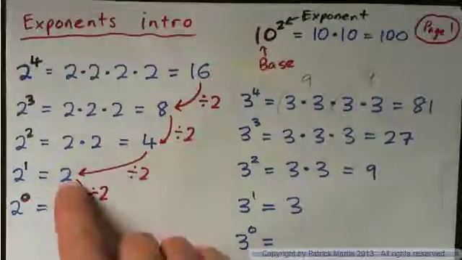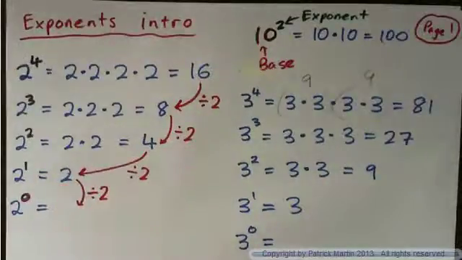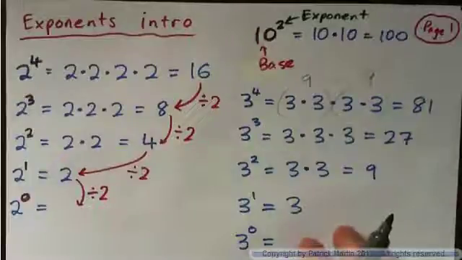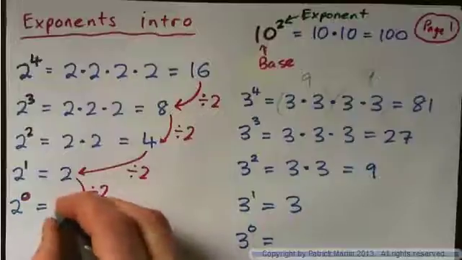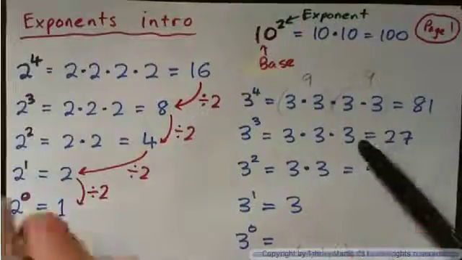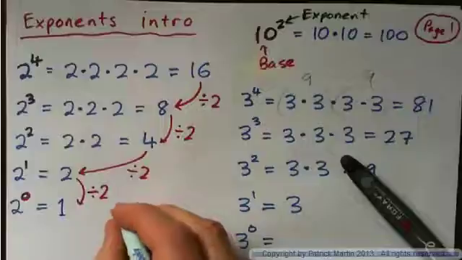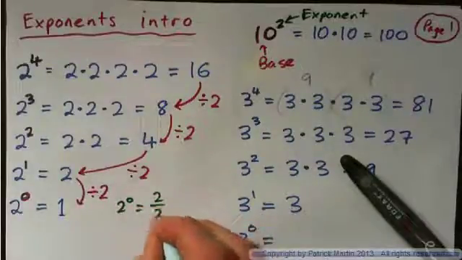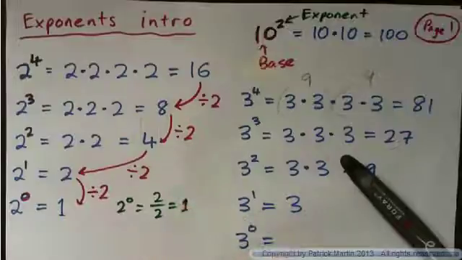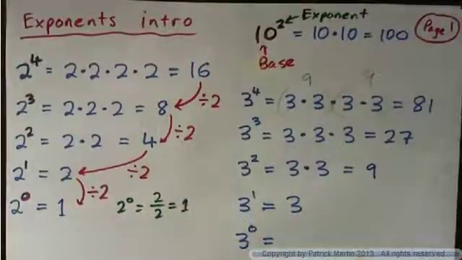What is 2 divided by 2? 2 divided by 2 is in fact the number 1. So what we found is 2 to the power of 0 is in fact 2 divided by 2, which of course is 1.